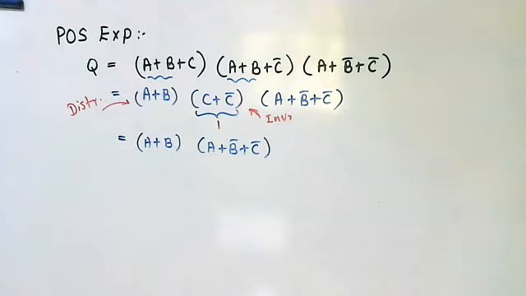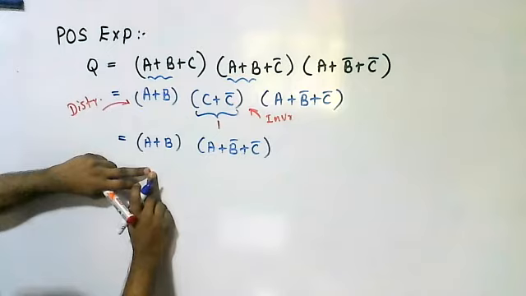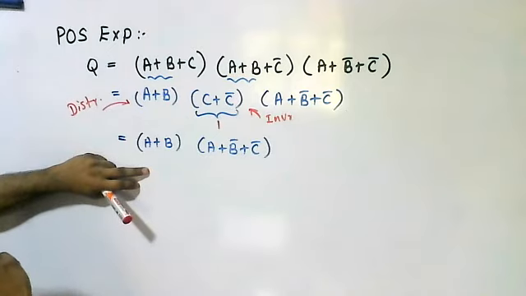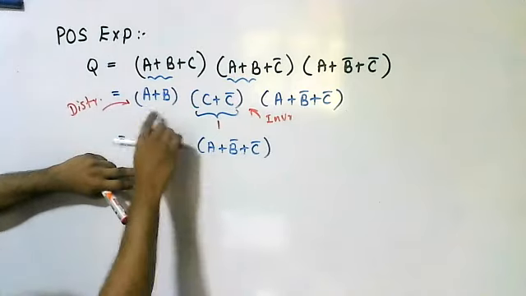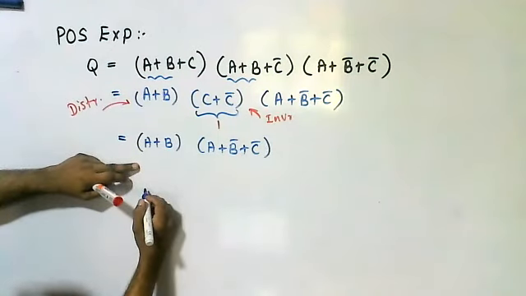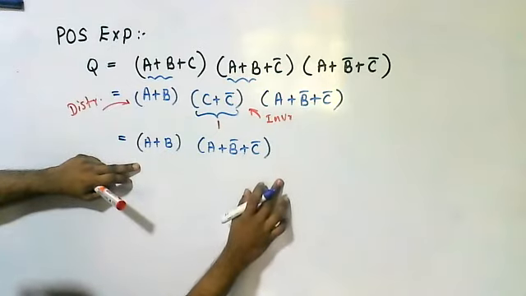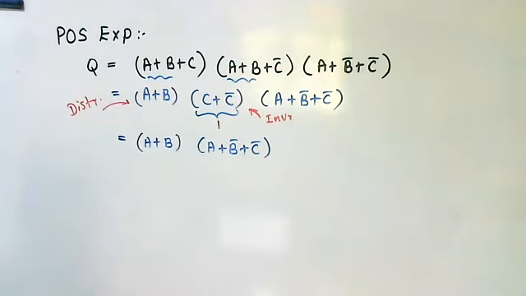Just a minute. If we take A out, B plus B bar plus C bar, is it possible? There's a confusion. Just a minute.